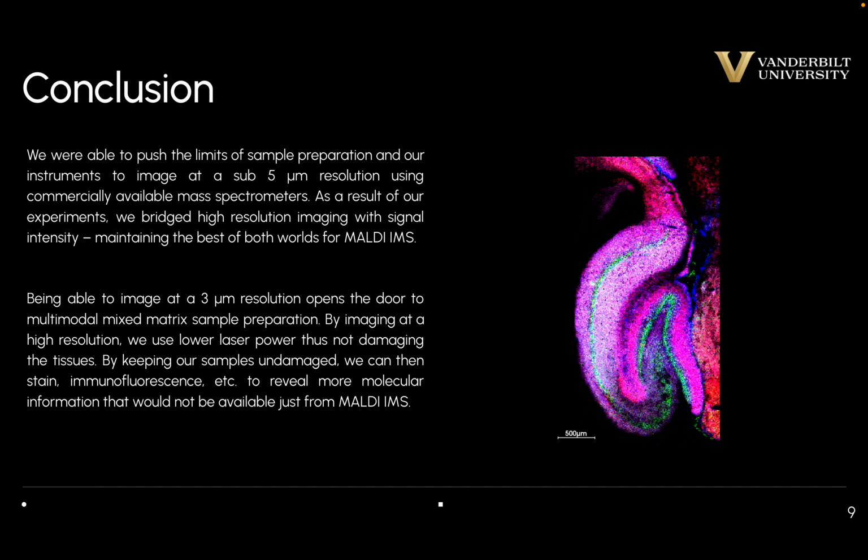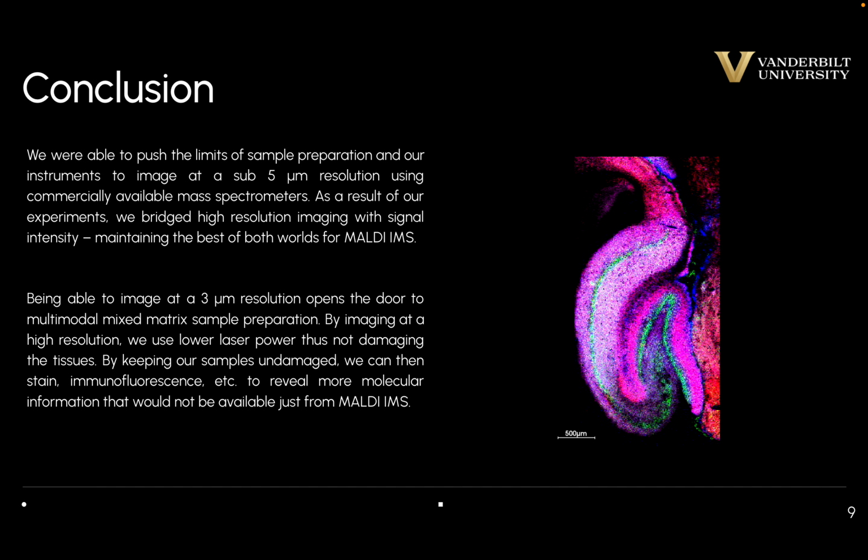Being able to image at a 3-micron resolution now opened the door for us to create a multimodal mixed matrix sample preparation. And by imaging at this high resolution, we are not damaging our tissues as much. And so we can then apply different modalities such as a stain or immunofluorescence to reveal more information than we would be able to get from just regular MALDI IMS.